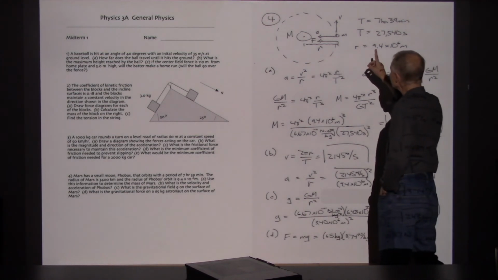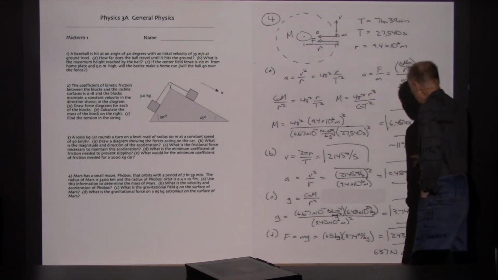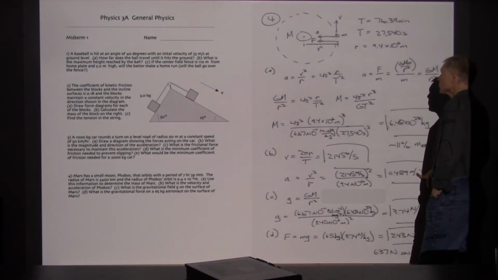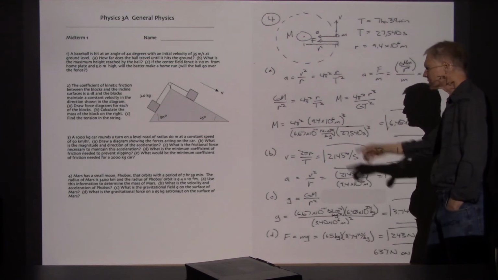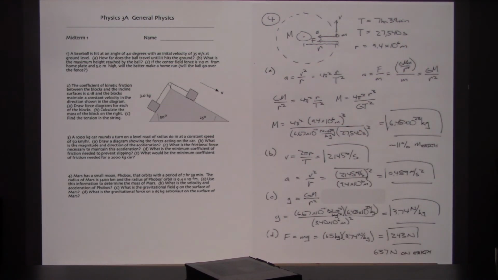All right, now that's Mars' gravitational field out here: 0.489 newtons per kilogram. In part C, they say what would the gravitational field be back on the surface of Mars? And for this, I'm going to need that information about the radius of Mars itself.